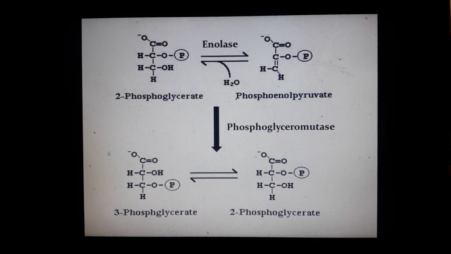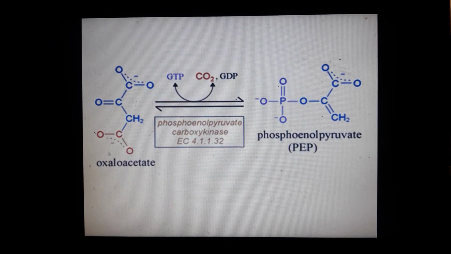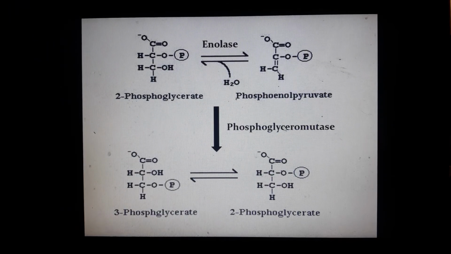Next. Yung phosphoenolpyruvate nyo, diba ito na siya? This one is again converted to 3-phosphoglycerate, acted on by the enzyme phosphoglycerate mutase. Then your 3-phosphoglycerate can be isomerized into 2-phosphoglycerate.